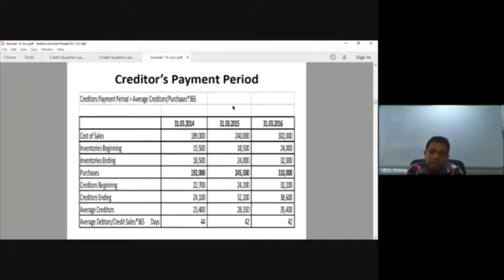If it is due to better credit terms dominated by the company, and they are in a position to extend their credits, then it's good. But if it is because the company does not have enough cash to repay their creditors, then extending the period is not good. We have to see what the actual reasons are for this period extending for creditors.